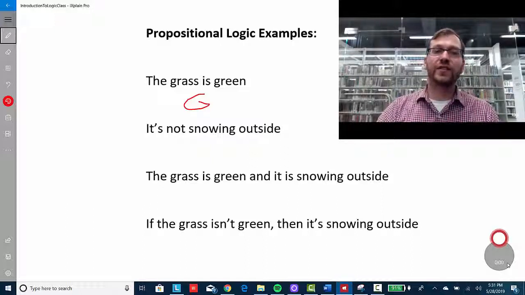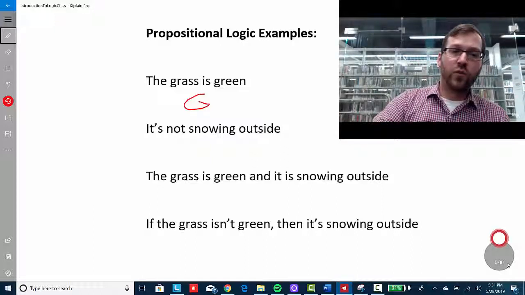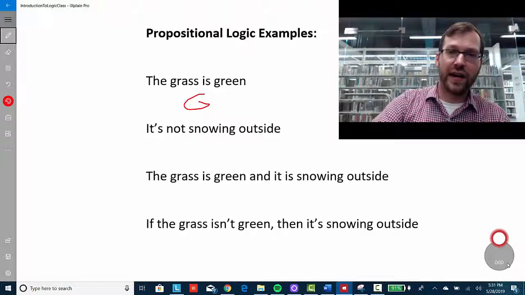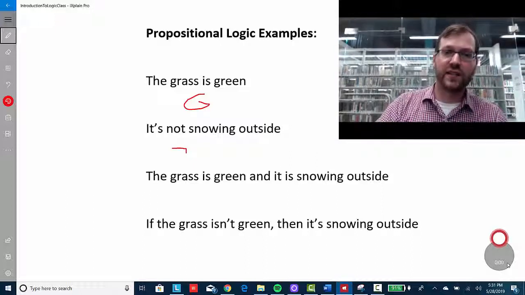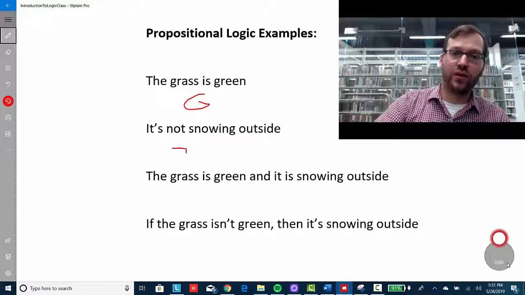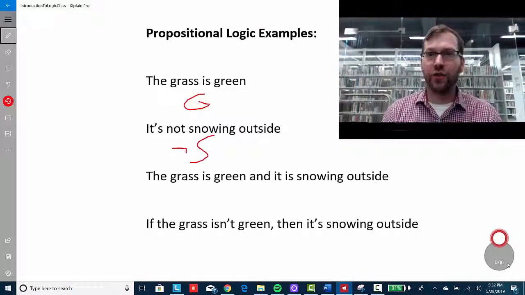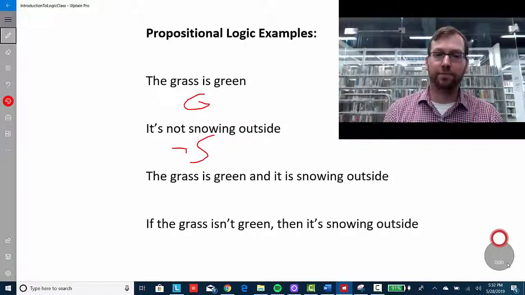If we look at it's not snowing outside, we need to be able to represent the not, which is saying that the snowing outside statement is false. So we'll use a symbol like that to encode that negation, that not part, and we might use S for snowing outside, or you might use O for snowing outside.